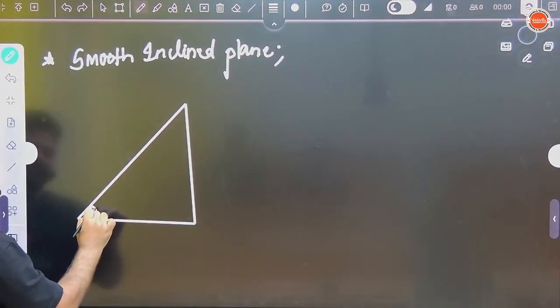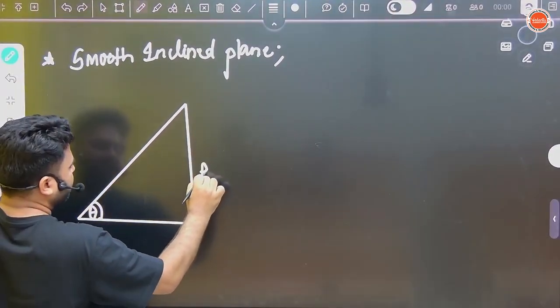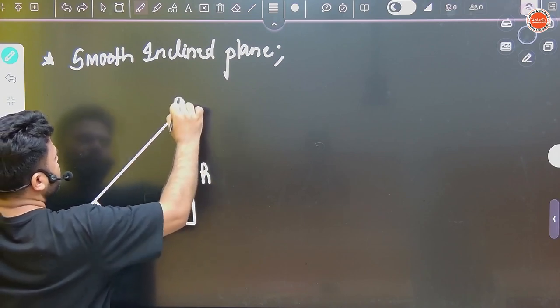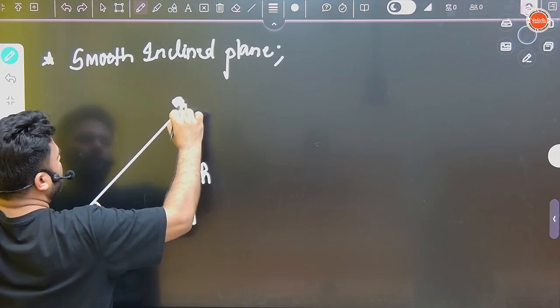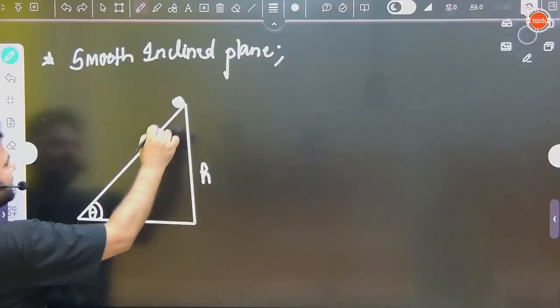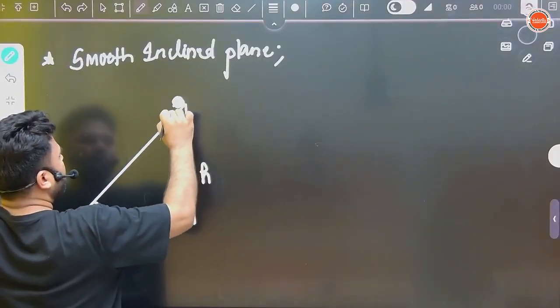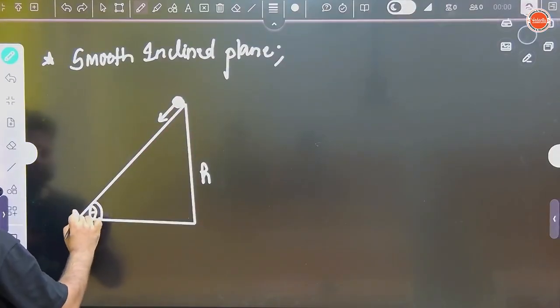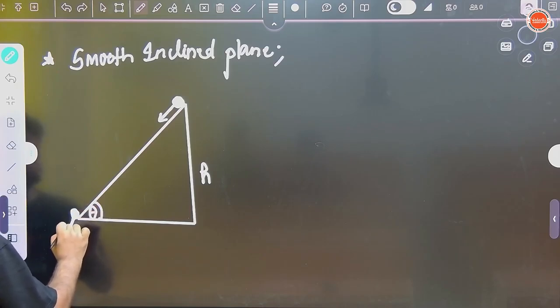This is theta, and this height is h. There is one object like this. If I release this object, with what velocity will it come down? The velocity at the bottom.